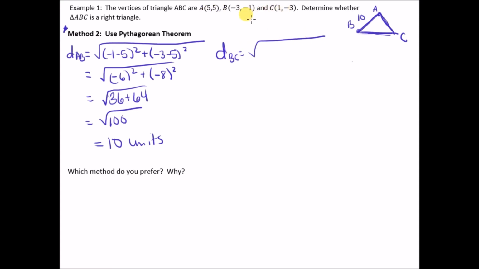Okay, oh wow, I started with the Y's there. It does make a difference, but those should be in the other positions. Okay, so let's start with the X's. 1 minus negative 3.